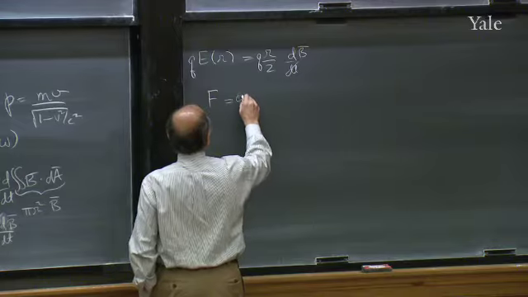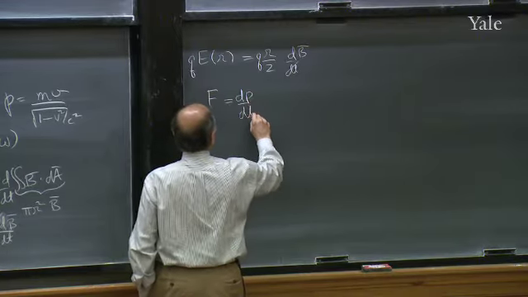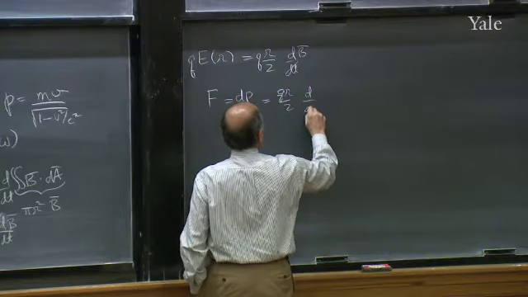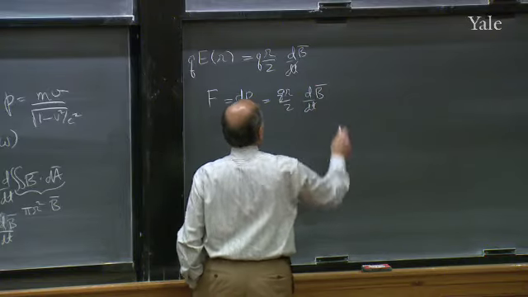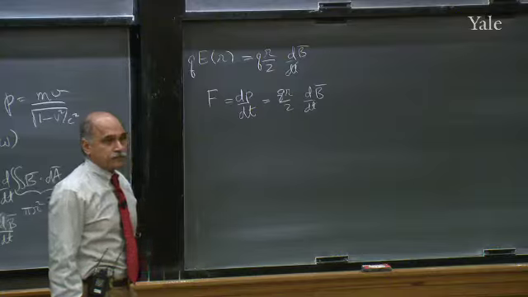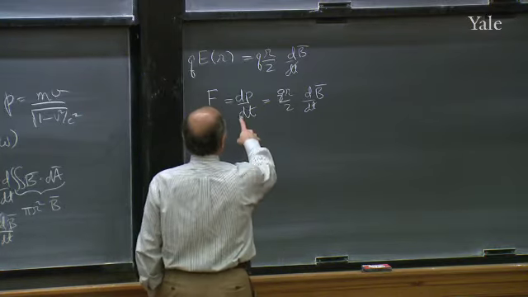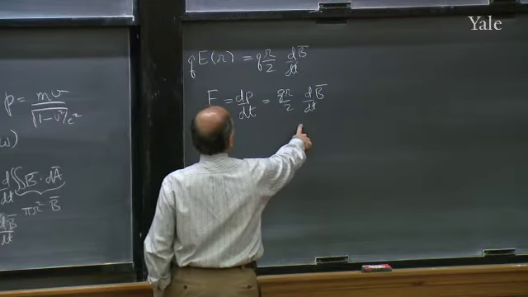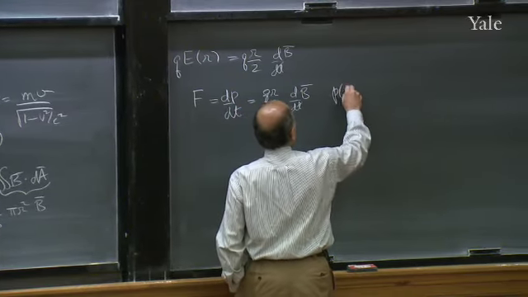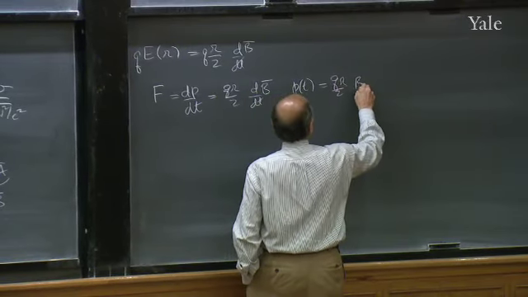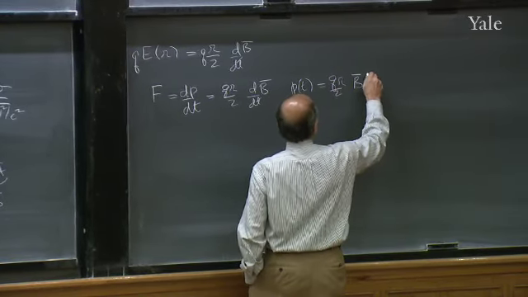That force is the rate of change of momentum. So rate of change of momentum is qr over 2 times the rate of change of the average field. Now, if this is the rate of change that's equal to the rate of change of B, then p of t is equal to qr over 2 times the average B at time t.